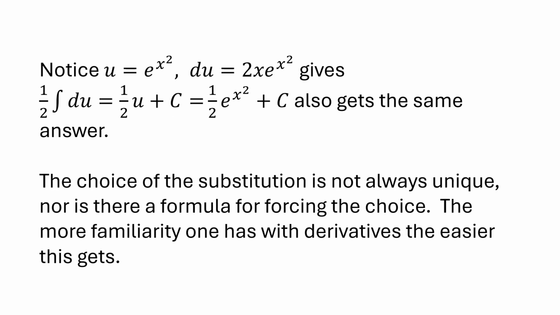Notice u equals x squared, du equals 2x dx gives 1/2 integral e to the u du, or 1/2 e to the u plus c, which is 1/2 e to the x squared plus c. And it also gets us the same answer.